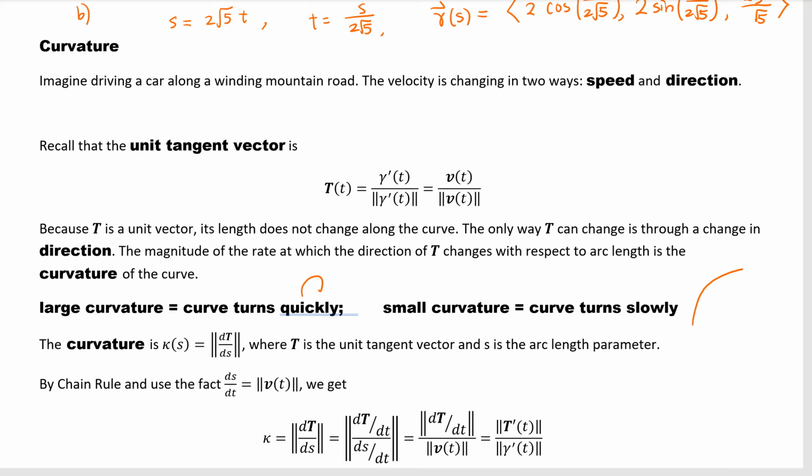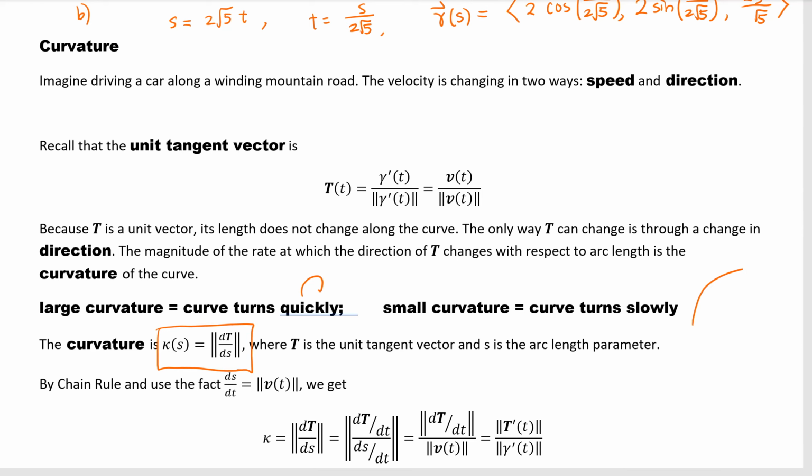The curvature is k of s equals the length of the derivative of the unit tangent vector with respect to the arc-length parameter. So T is the unit tangent vector and s is the arc-length parameter. Keep in mind, this is the definition.